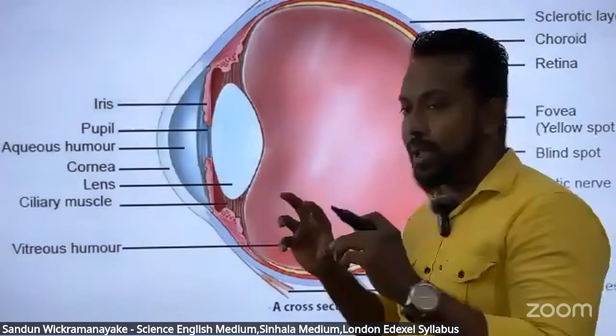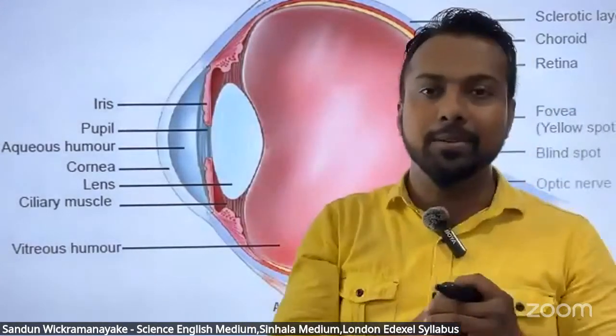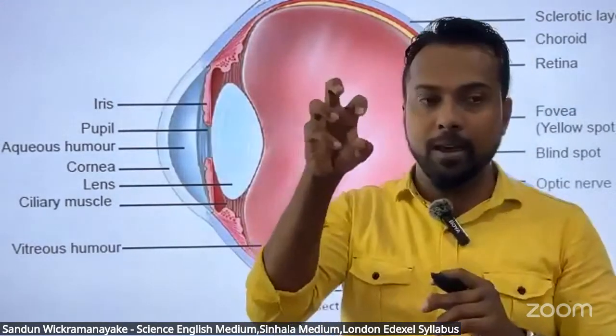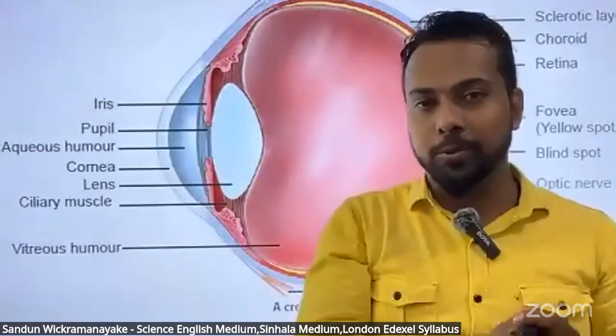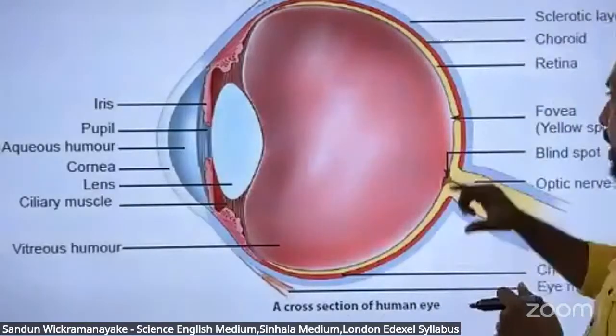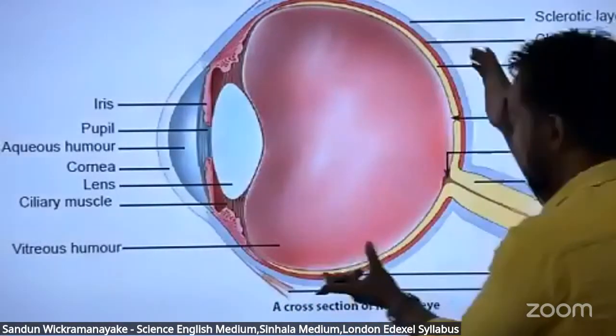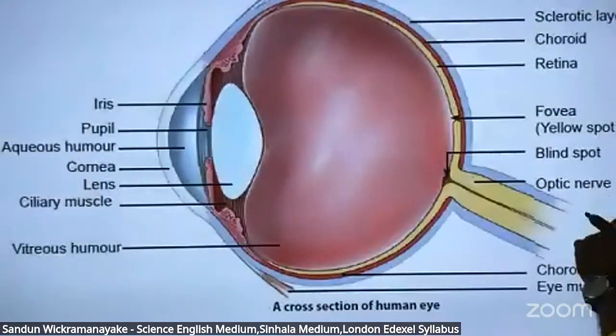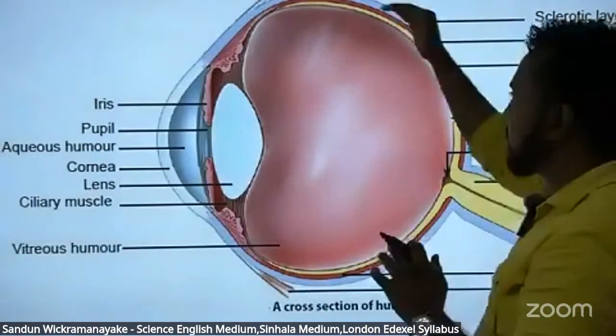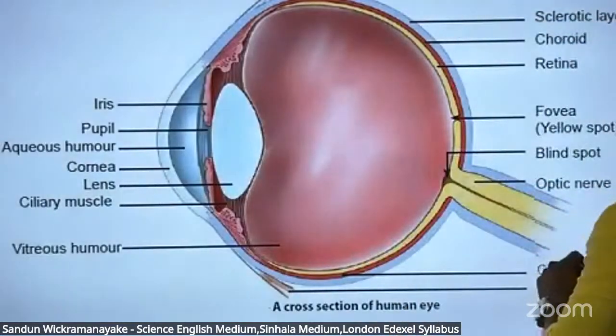the 2 eyes are also connected with muscle tissues. One eyeball is connected to 6 muscle tissues. Okay, right, and this eye is protected with the sclerotic layer. It's a white color layer.